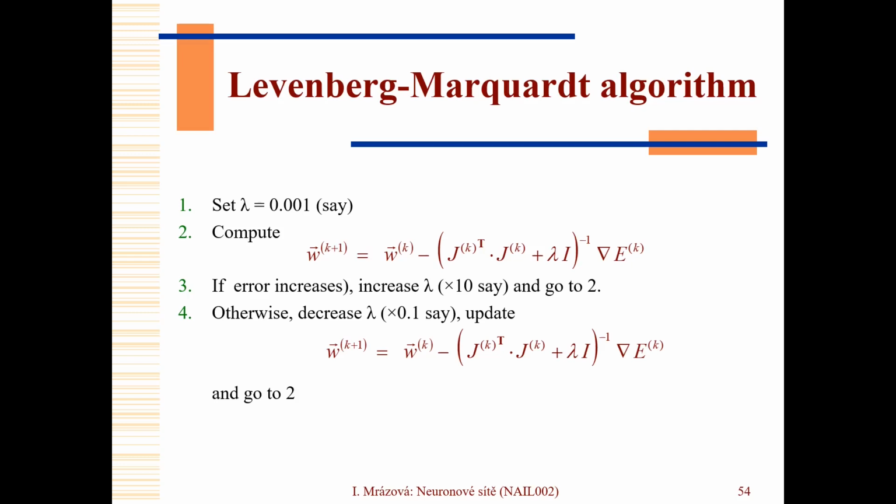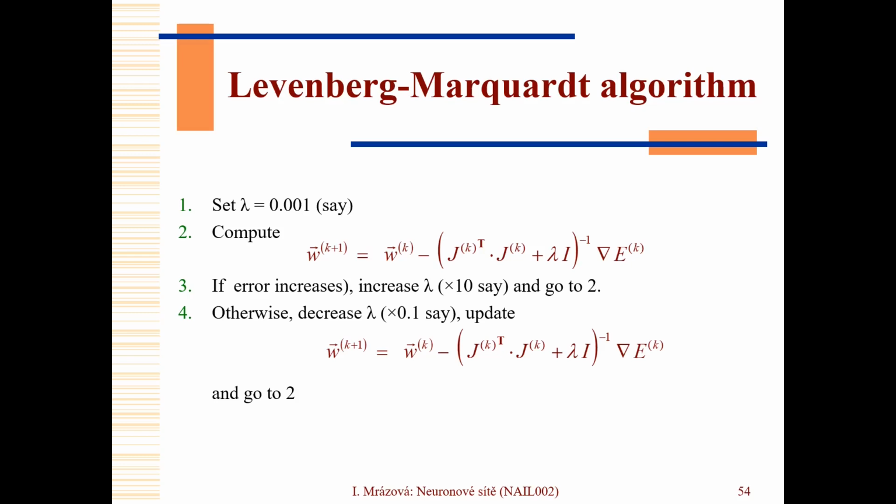The new weights at iteration k plus 1 shall be computed from the previous weights wk minus the inverse of the sum of the product of two Jacobians, Jk transposed and Jk, plus the parameter lambda multiplied by the identity matrix. And this inverse matrix shall be multiplied by the gradient of the error function capital E at iteration k. Basically, the Jacobians correspond here to the gradients of the actual output with respect to the weights.